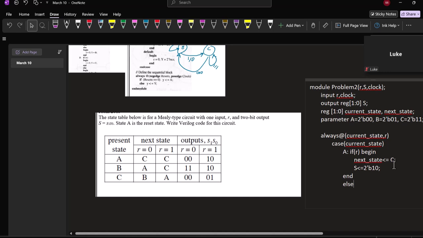Else, and I need to begin this else statement too.